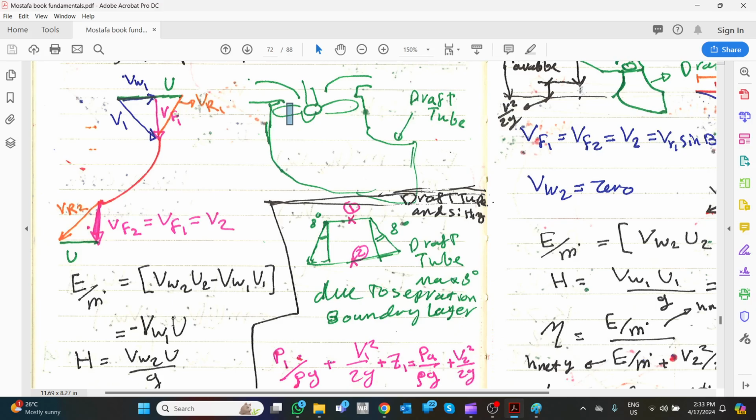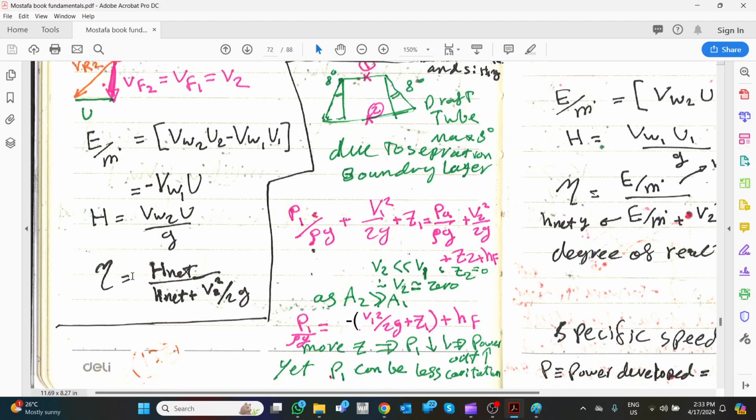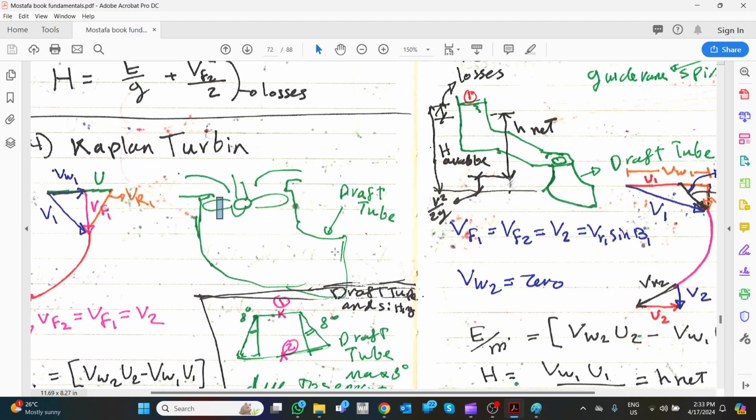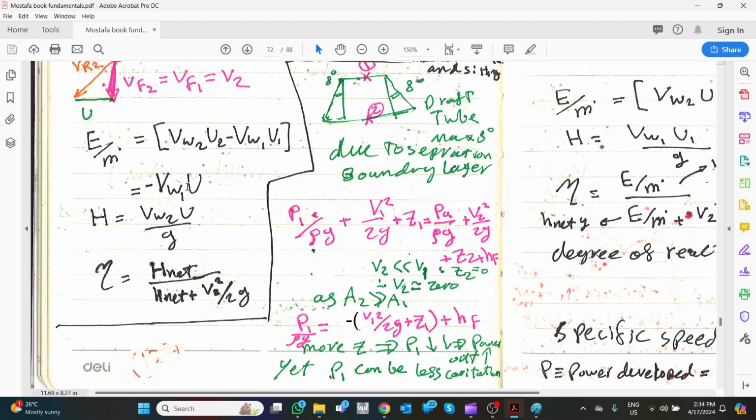Of course, minus, which means we're taking power, you can move the minus. Eta is the same concept, that there are losses in the draft tube. It's not losses as friction, but losses due to exit velocity. And we know that there are friction losses till the turbine, so H net, same concept. And same, which is velocity whirling multiplied by U, and H whirling.